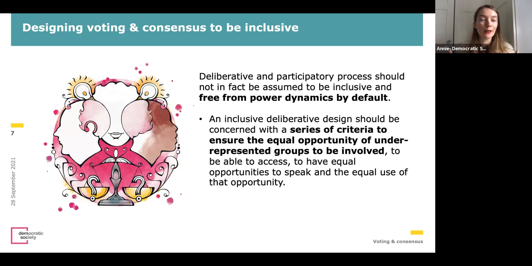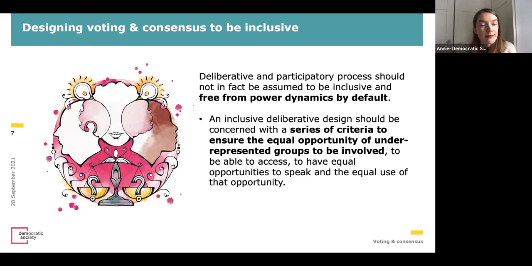So if one person's speaking, everyone else should respect that person, that kind of thing. Things like facilitation, going around the group individually and asking everyone, or having multiple options. So facilitators reading things out, or verbal or written methods where people can communicate in different ways if they struggle with confidence.